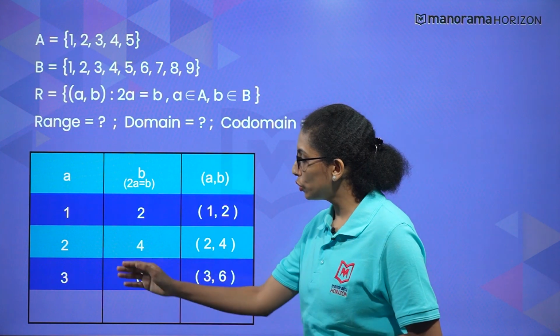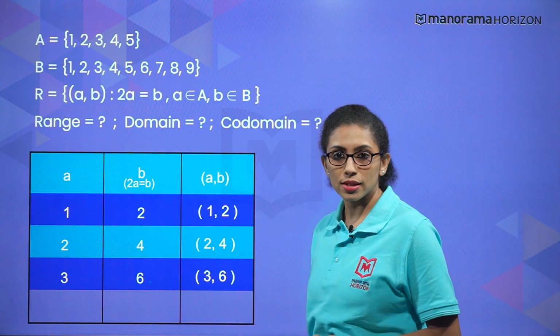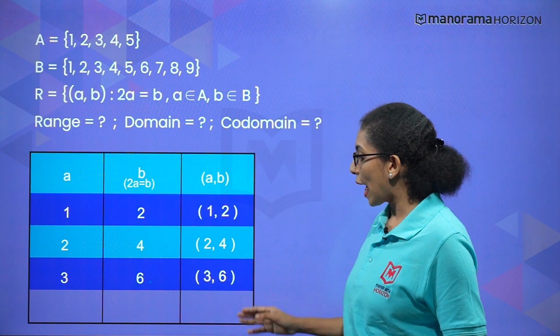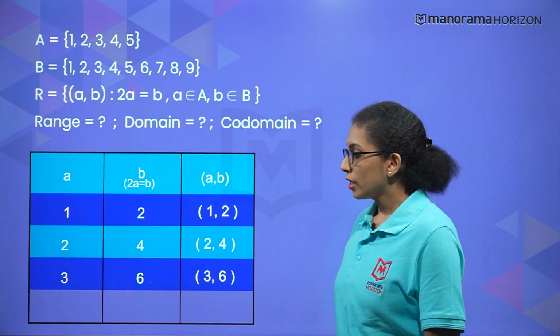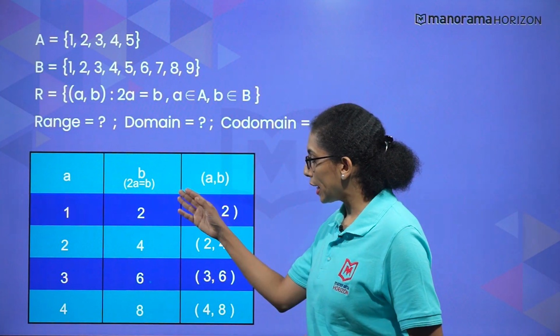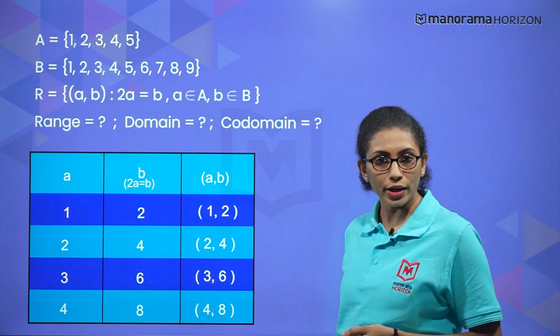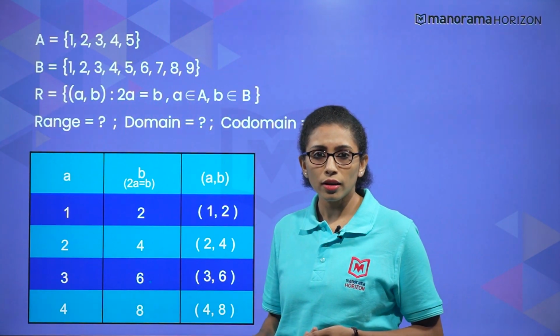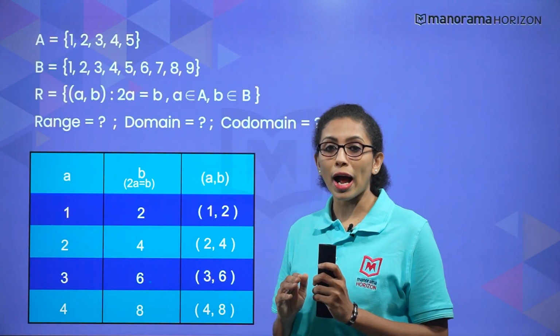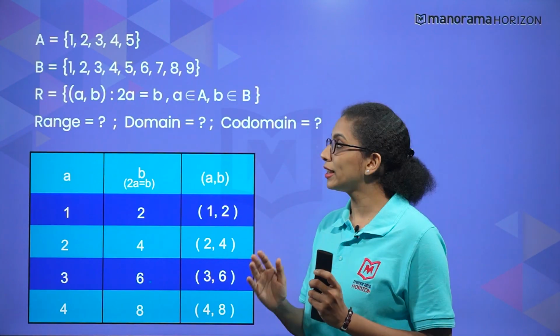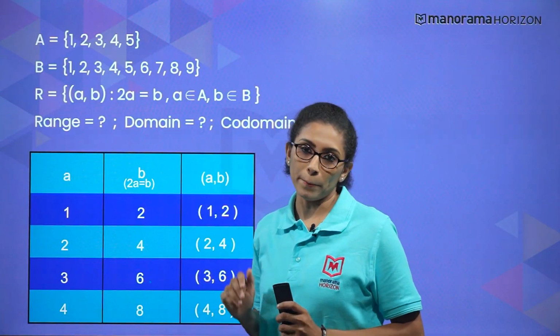Now when a equals 3, b equals 6. We get (a, b) as (3, 6). Now when a equals 4, b equals 8. We get (a, b) as (4, 8). Why is 5 not taken? Because 2 into 5 makes 10, which is not there in our set B.